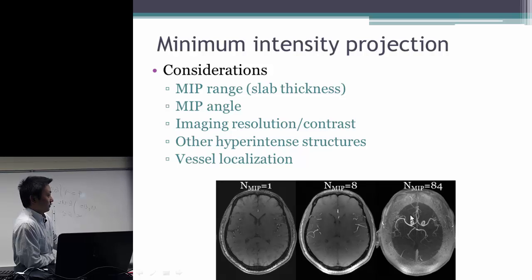Basically you have flattened all that information along the projection direction. So most of the time you may need to create a movie using different MIP angles to properly locate a vessel.